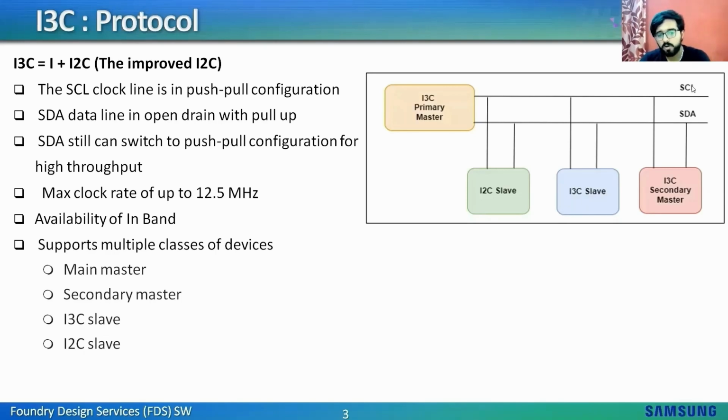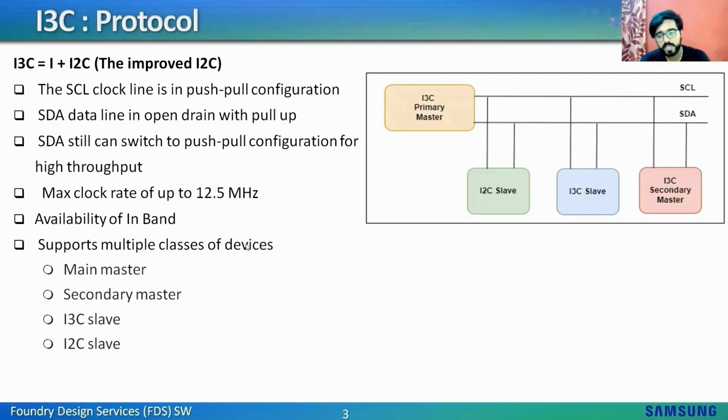The open drain or open collector SDA line allows the slave to take control of the data bus and initiate interrupts. And the push-pull SCL line is used by the master to clock the communication bus up to 12.5 megahertz of max clock rate. There is availability of in-band interrupts that not only allow a slave to initiate communication, but also allow devices to hot join as well.